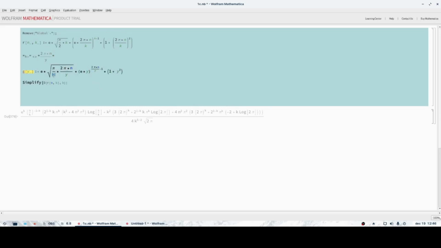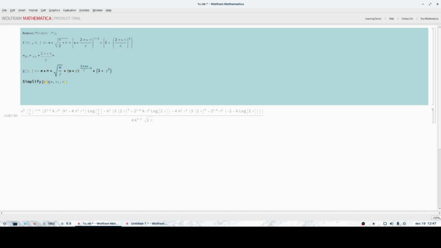Okay, this can be simplified. Pi can be extracted before the square root. I can use this, or let's try this.